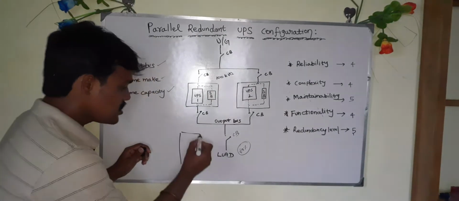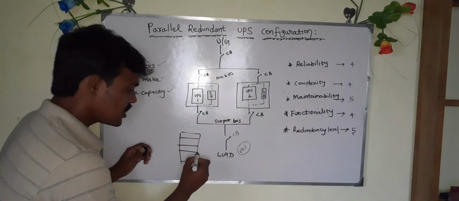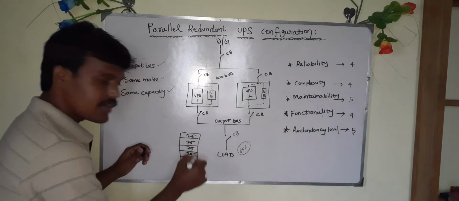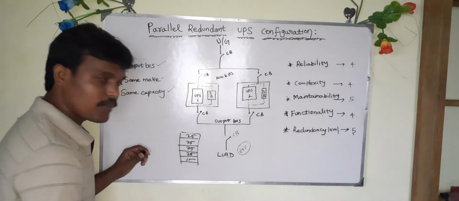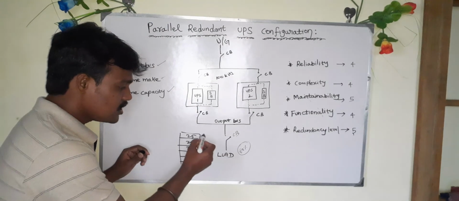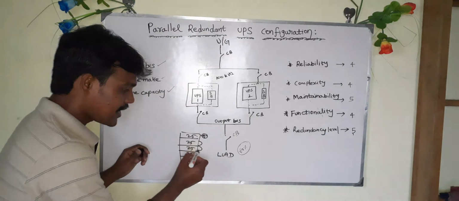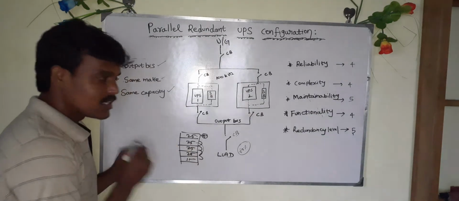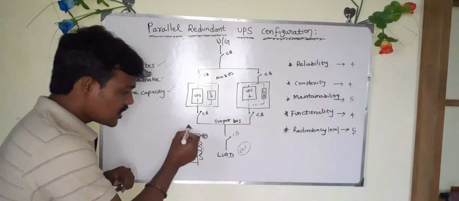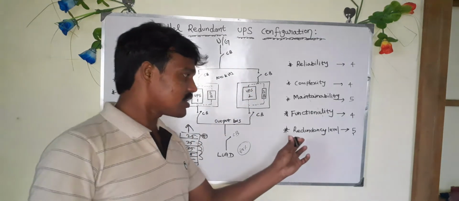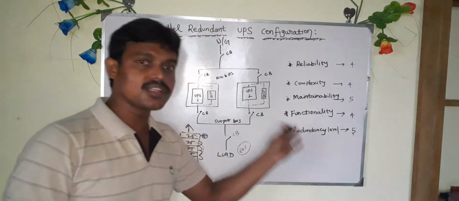In 100 kVA there will be 25 kVA power modules, and there will be one static module. If any fault occurs in this UPS and in this power module, the load on this UPS automatically transfers to the other. So power module redundancy is there, and UPS level redundancy is also there. That's why I gave the score as 5 in redundancy level.